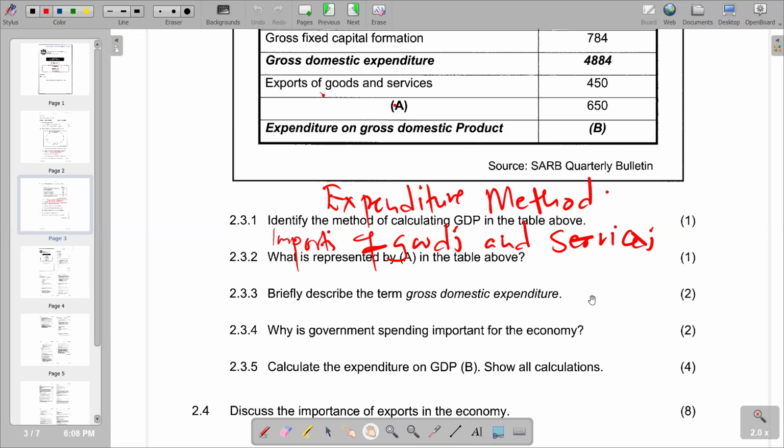So it becomes also government expenditure. It can also be explained from the point of view of transfer payments. It can also be explained from the point of view of subsidies, when the government is giving money to firms that are facing high costs of production, so that they face less cost of production.